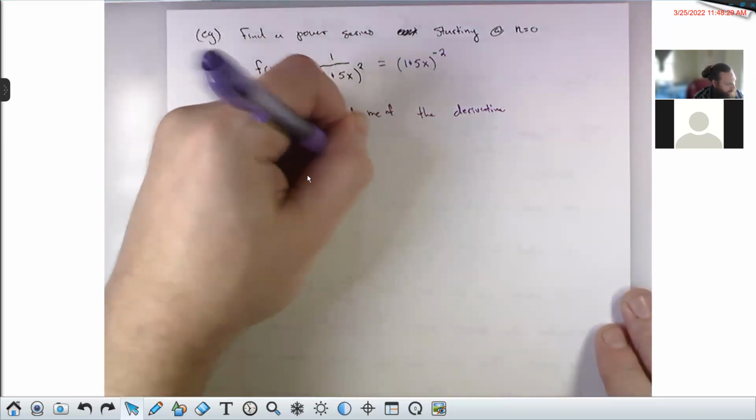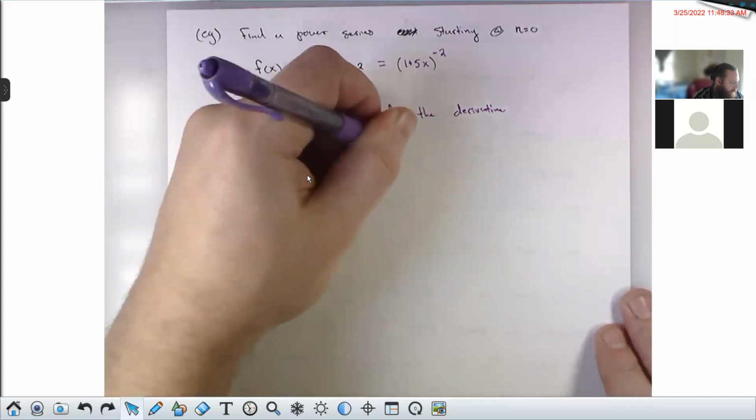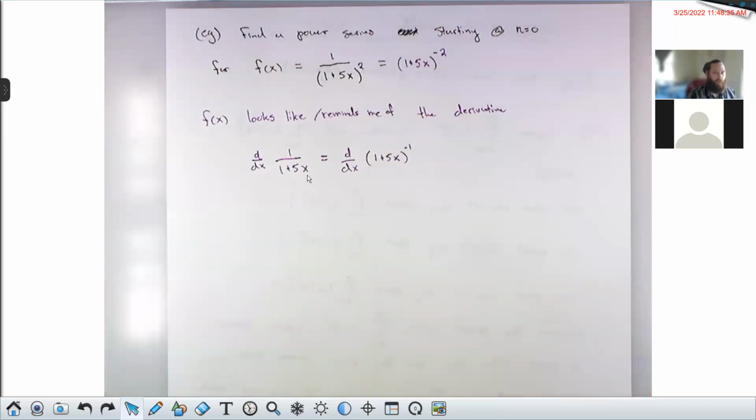So where am I coming up with this? Well, I'm thinking like 1 plus 5x to the negative 2. You know, if you differentiate something with a negative 1 power here, you expect to get something with a negative 2 power there. So that's where I'm coming up with this guess. This is basically just a guess. Now I'm going to compute this, and I'll see how far off I was. And that will give me the setup for my power series.